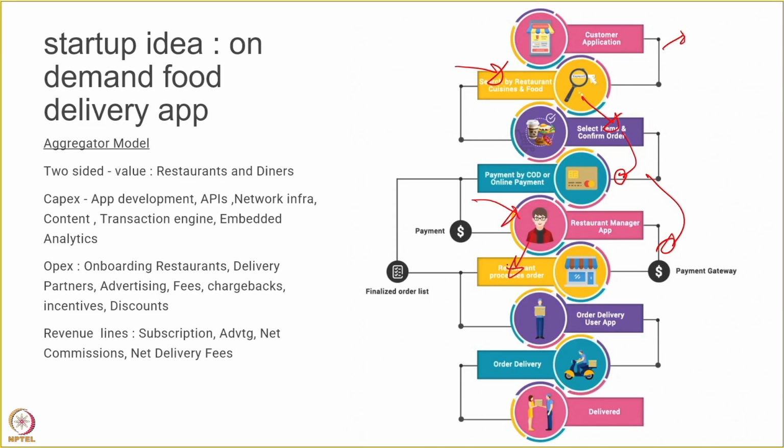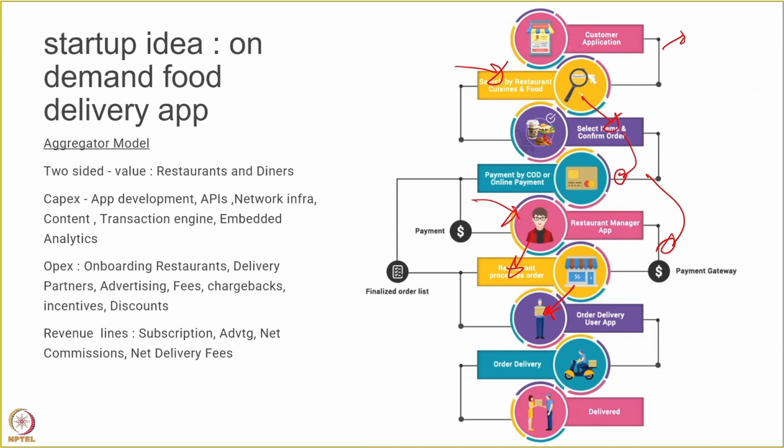Once this order is actually executed and a payment is received, the order gets shipped into another part of the application, which is the other side, the manager application. This manager basically conducts a search and passes the order to the right restaurant where the order has been made, and executes the order or monitors the execution of the order from that restaurant partner.